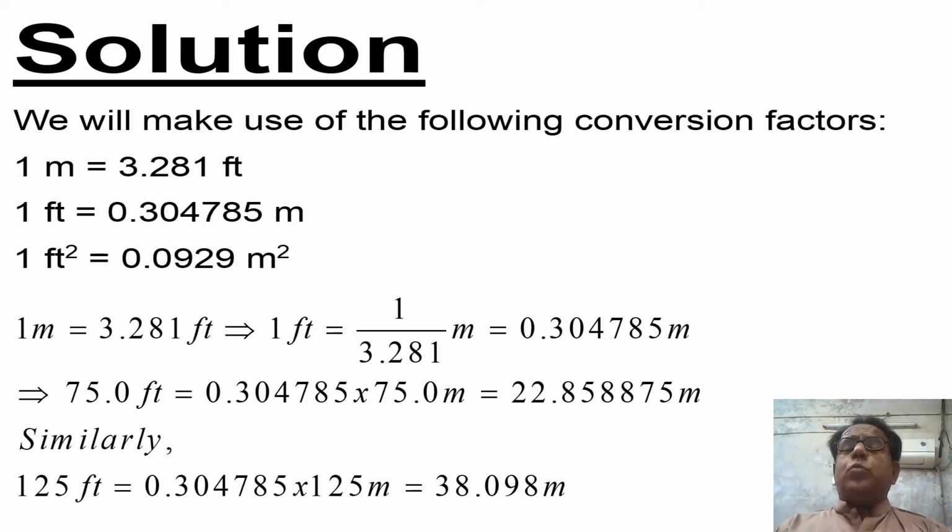So 1 meter is equal to 3.281 feet. This implies that 1 foot is equal to 1 over 3.281 meter, which is alternatively equal to 0.304785 meter. This implies that 75.0 feet is equal to 0.304785 into 75.0 meter, because when 1 foot is equal to 0.304785 meter, then 75.0 feet will be that figure multiplied by this figure.